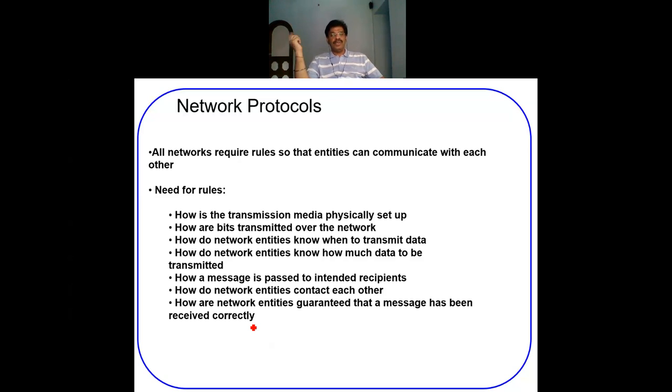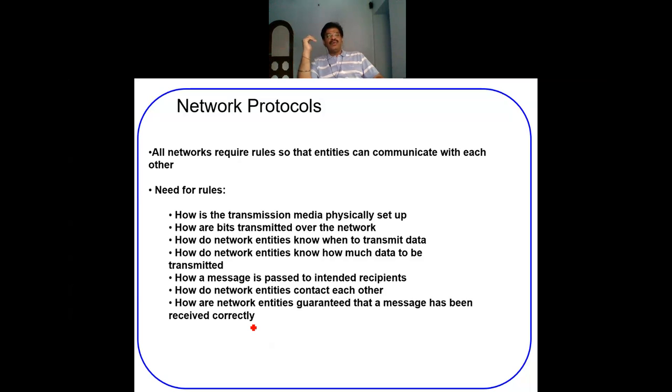Then how do the network entities know how much data is to be transmitted based on the bandwidth that is supported, based on the capacity of the networking devices that are used for interfacing? The network entities also provide us the information about the recipients to whom the data or the message is to be passed.